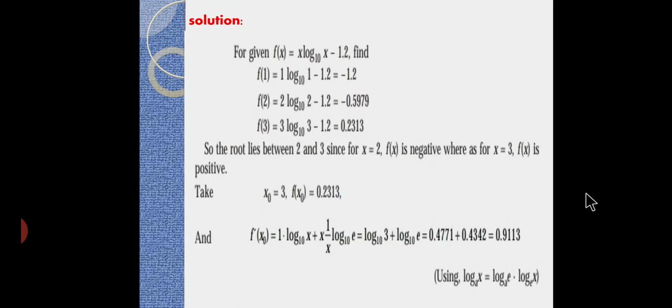So coming to the solution, let the given function be f of x is equal to x log x base 10 minus 1.2. By putting x is equal to 1 in the given function, we get f of 1 is equal to 1 log 1 base 10 minus 1.2, which is equal to minus 1.2.